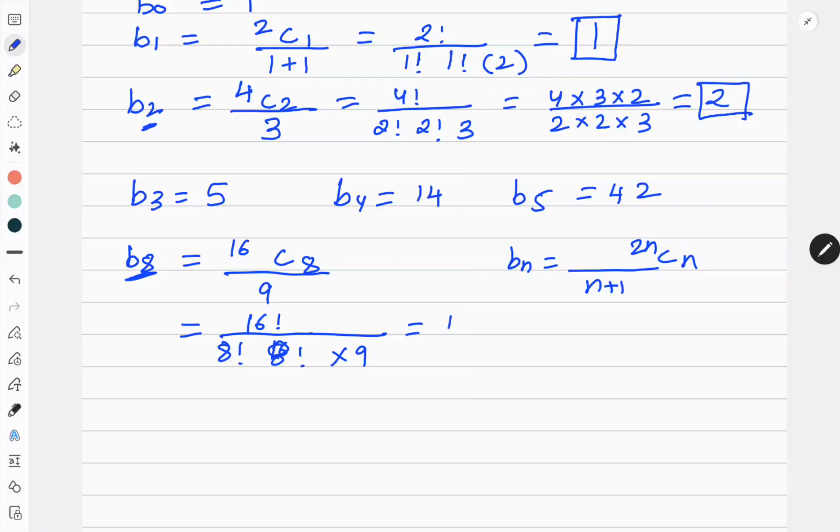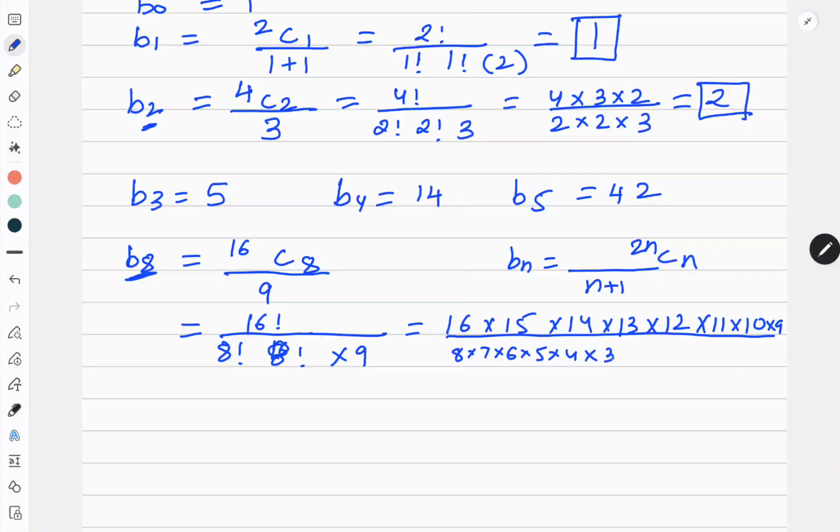This will become 16 into 15 into 14 into 13 into 12 into 11 into 10 into 9, and 8 factorial will get cancelled, upon 8 into 7 into 6 into 5 into 4 into 3 into 2 into 9.